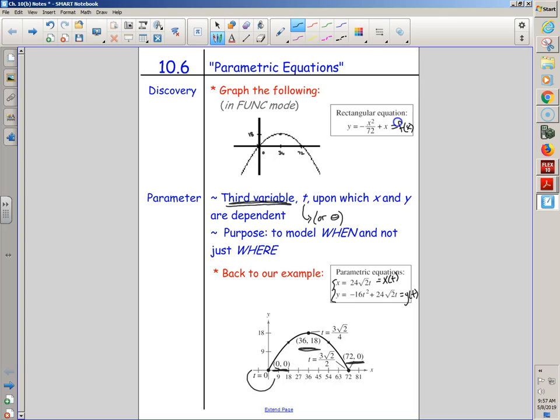There's also now the possibility of when. There aren't just positions anymore. There aren't just where are you. Oh, I'm at this horizontal coordinate and this vertical coordinate. There isn't just a going over, going up. There's also a when are you there. So the when component is the t, because t could stand for time.